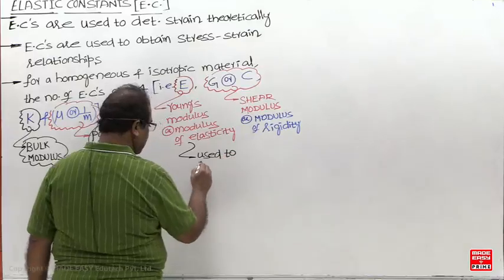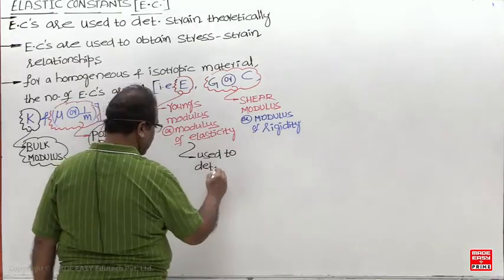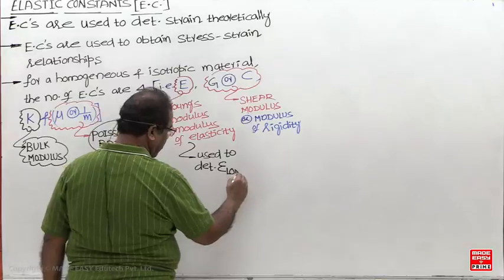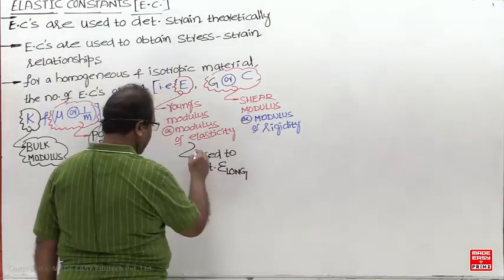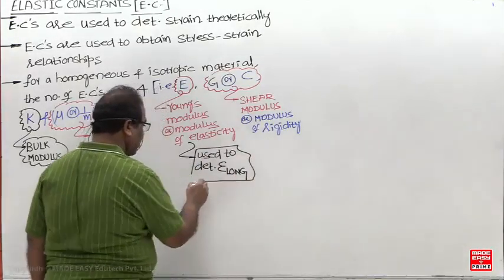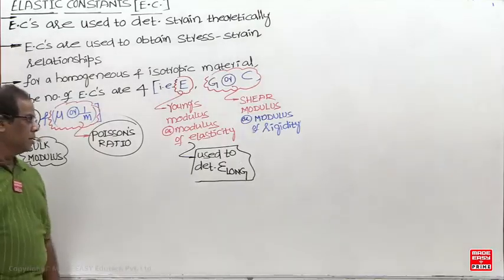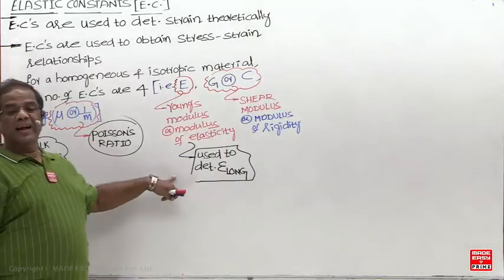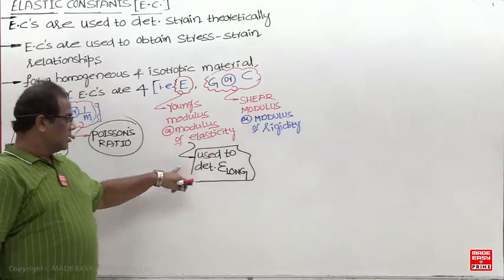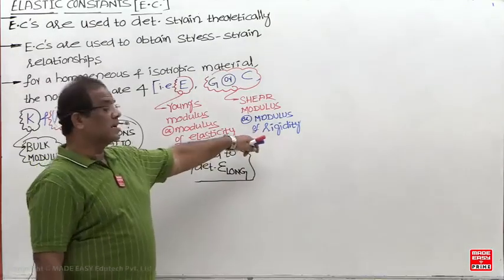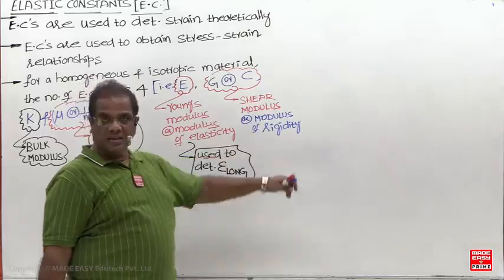E is used to determine longitudinal strain under uniaxial state of stress. Longitudinal strain and lateral strains are valid under uniaxial state of stress.